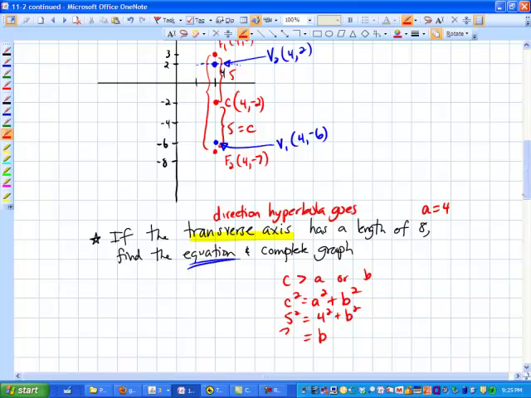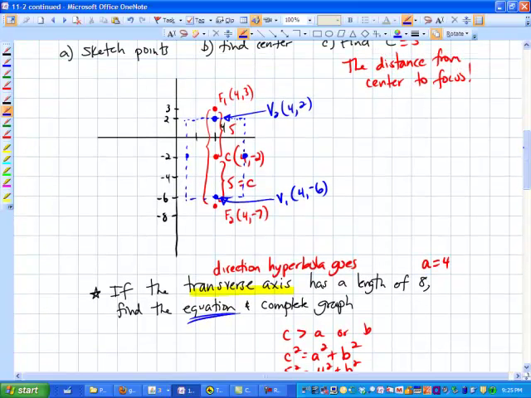Do a little bit of math magic. I guess you'll just have to trust me that it's going to be 3. So that tells me that if I count out 3 units this way and 3 units the other direction, right there, those would be my other vertex points. I would get my asymptotes going straight through the corners.